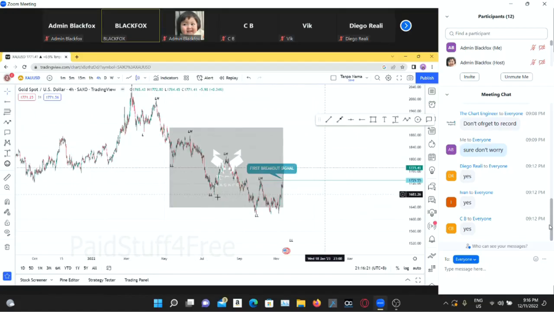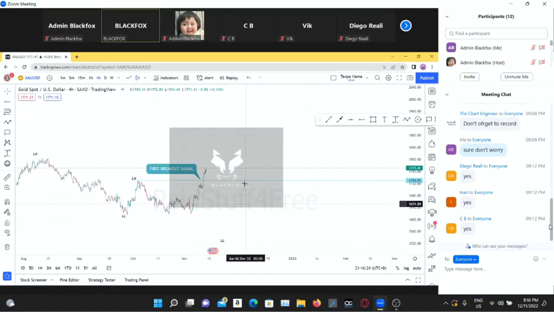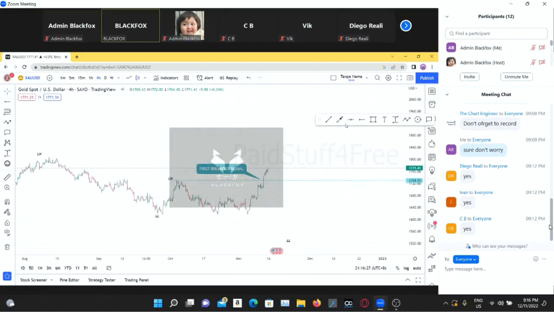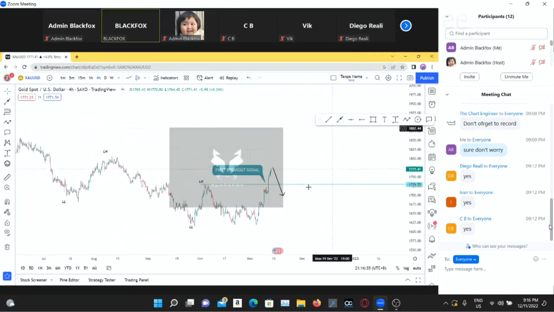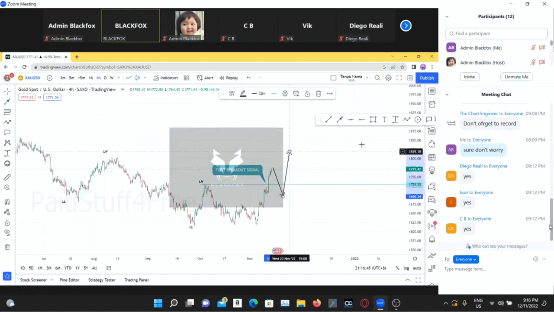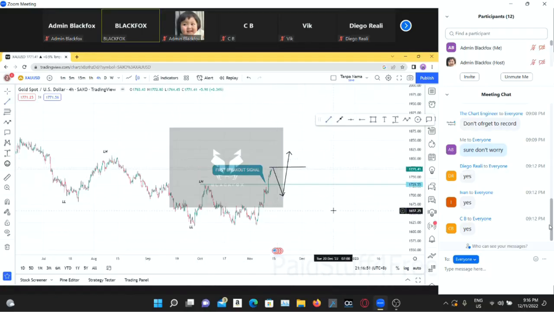If the market wants to be uptrend, if the structure wants to be uptrend, must make confirmation. So the price makes higher low, and the price breaks new higher high. So must make second breakout first, then we call it confirmation. Okay.